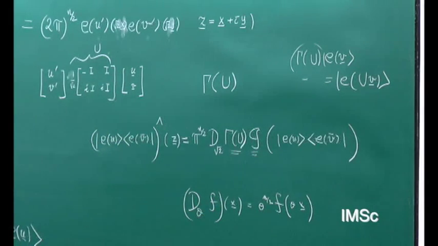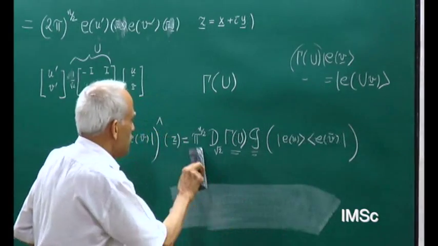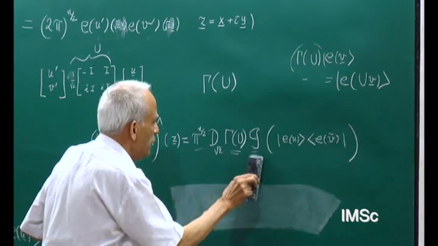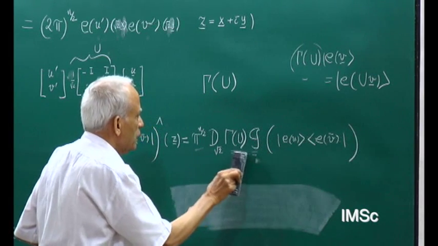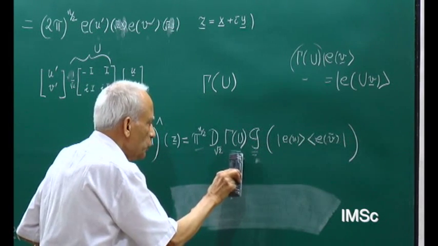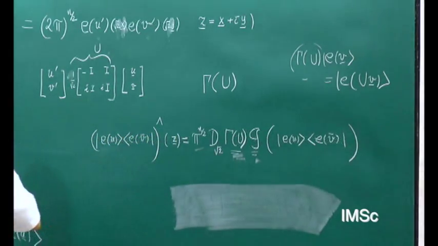So all these three are unitaries. I, gamma u, this is unitary from one Hilbert space to another. This is unitary in L2 Rn, L2 of R2n.